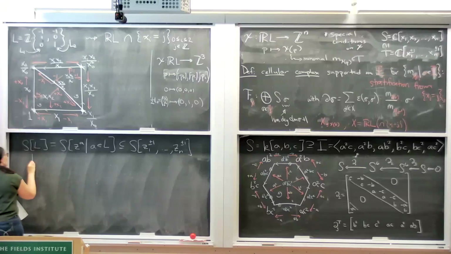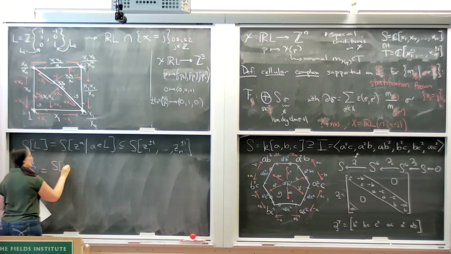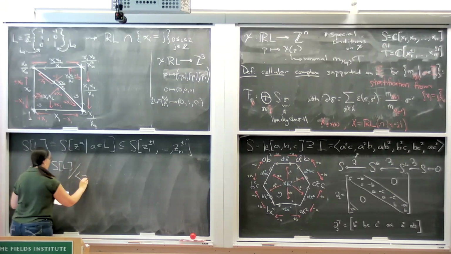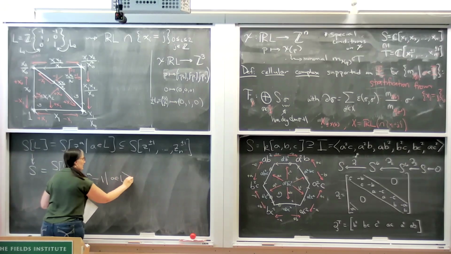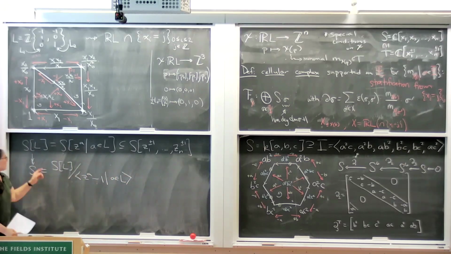This surjects onto S, where I just take this and go mod z to the a minus 1 over all of the a's. If I just kill them off, if I set these all equal to 1, I just recover S. All right, and of course, my lattice ideal I started with lived here. Okay.